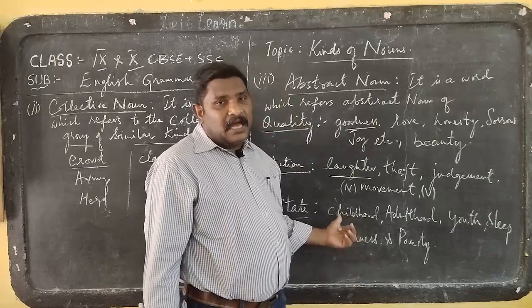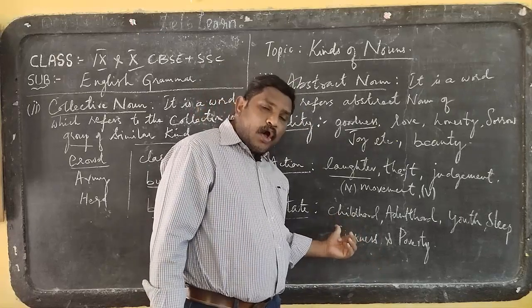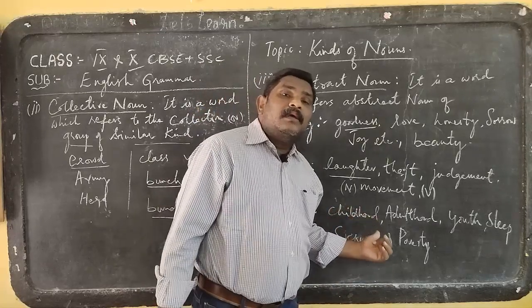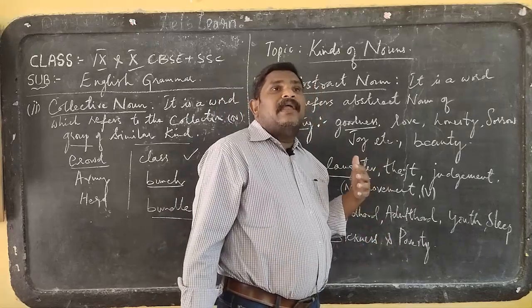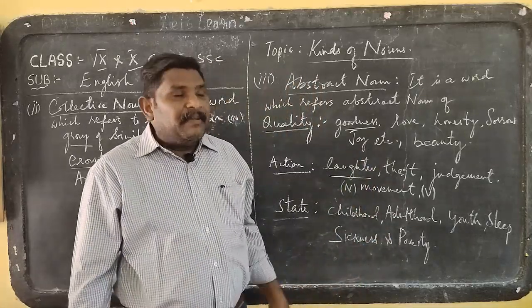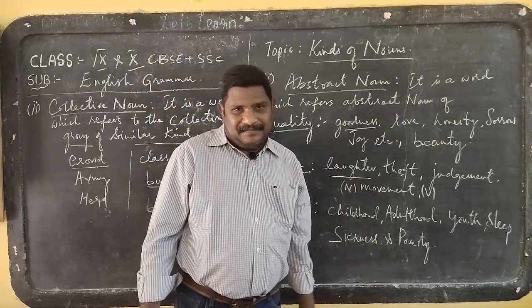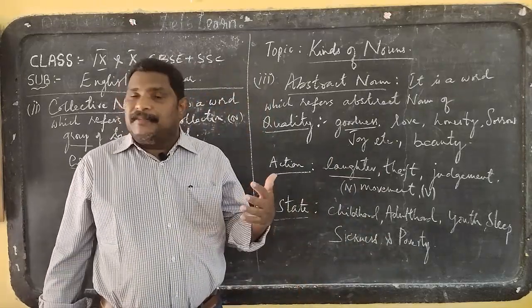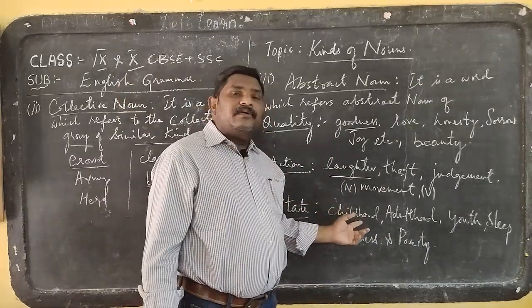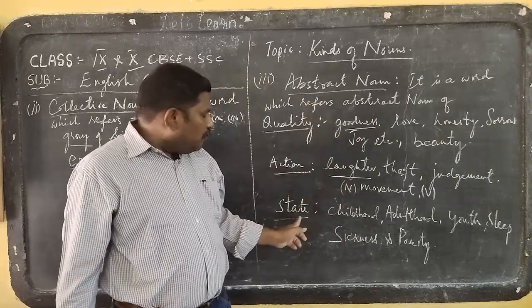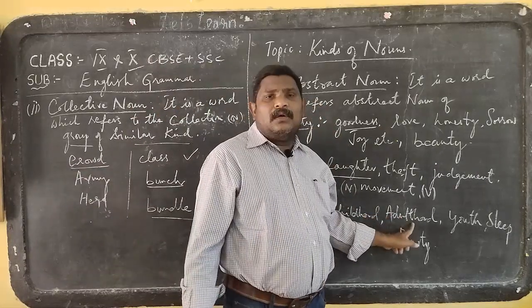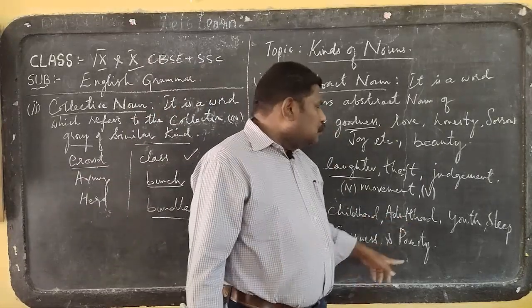Child is a common noun. But childhood, how does it look? I was very happy in my childhood. My childhood is so memorable. Here, childhood is an abstract noun of state. Adulthood is also an abstract noun of state.